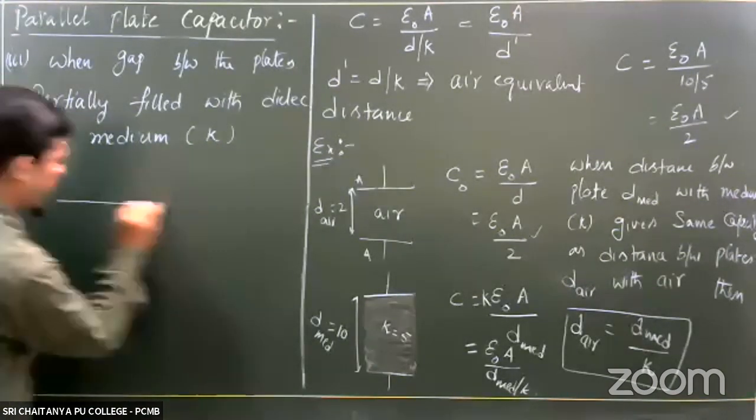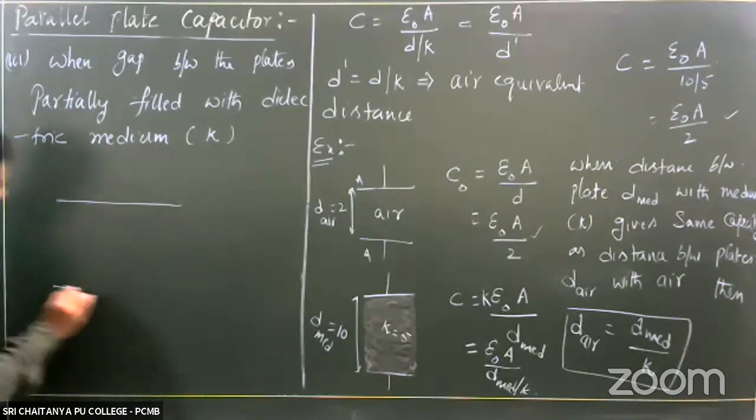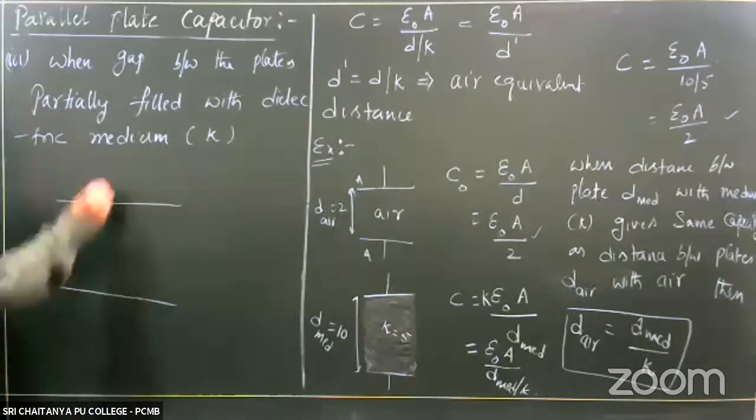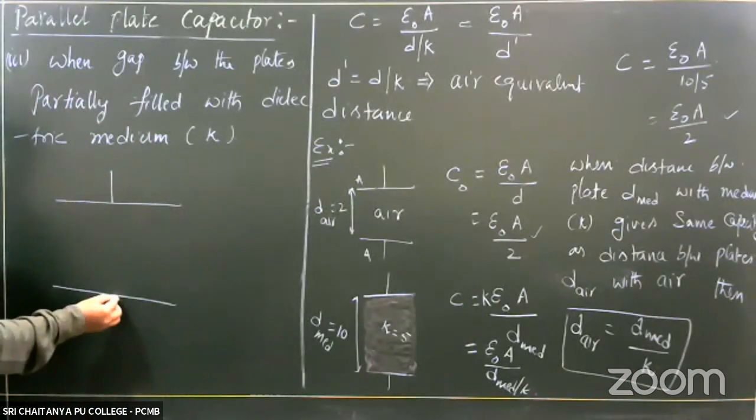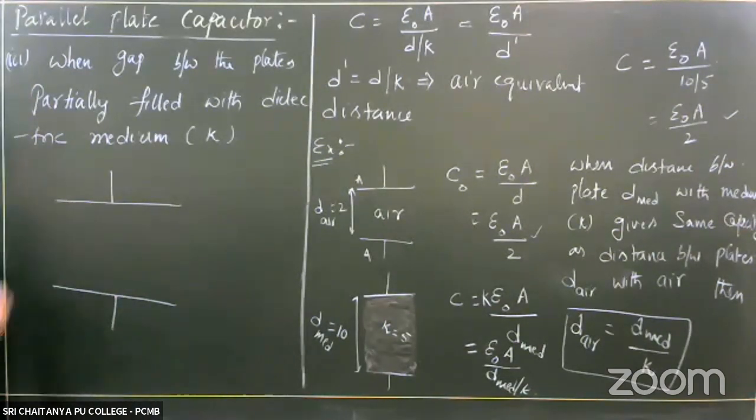See here, this is one plate, this is another plate, a capacitor. Separation is D. Okay.